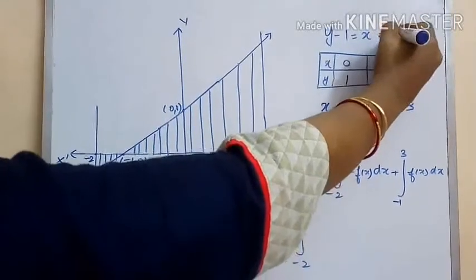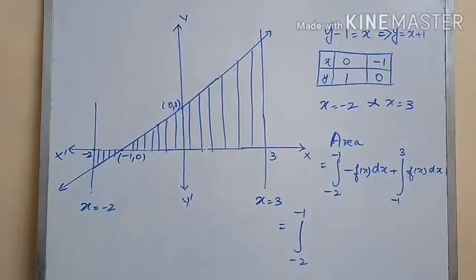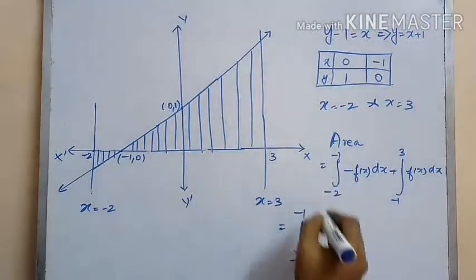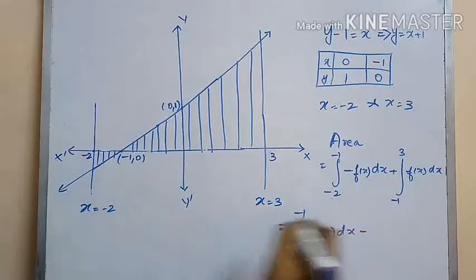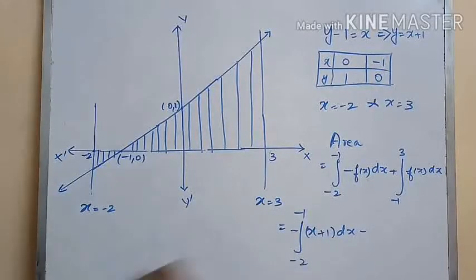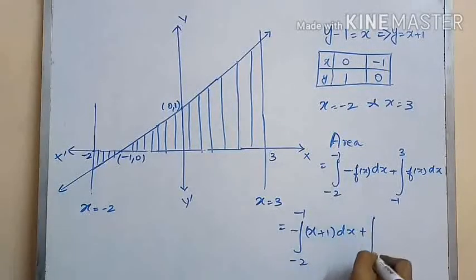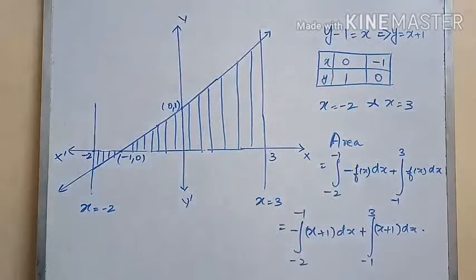Substituting y is equal to x plus 1 for f of x, we get integral minus 2 to minus 1 x plus 1 into dx with a negative sign outside, plus integral minus 1 to 3 x plus 1 into dx.